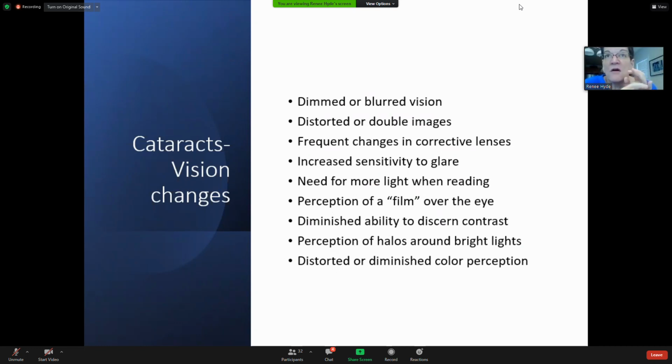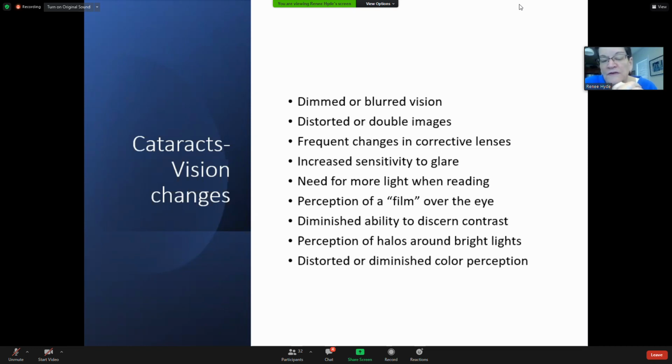One of the most common signs of cataracts progressing is going to be frequent changes in those corrective lenses, meaning that you get an eye exam, you get a prescription for glasses, and then you come back in 6 months because these glasses don't work anymore. I'm not seeing well with these glasses. And they do another acuity exam with you, and you have to have a stronger prescription.